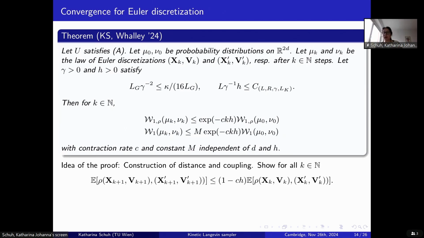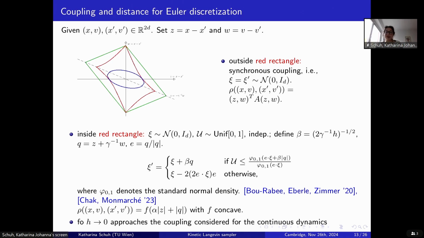And I just wrote down the distance rho in these two different areas. And I think I forgot to mention that so far I just said that this coupling construction works outside this blue ellipse and inside this green rectangle. What we then do is glue these two constructions of the distances together, and where we have the transition between the two distances, this is where we have this red deformed rectangle.